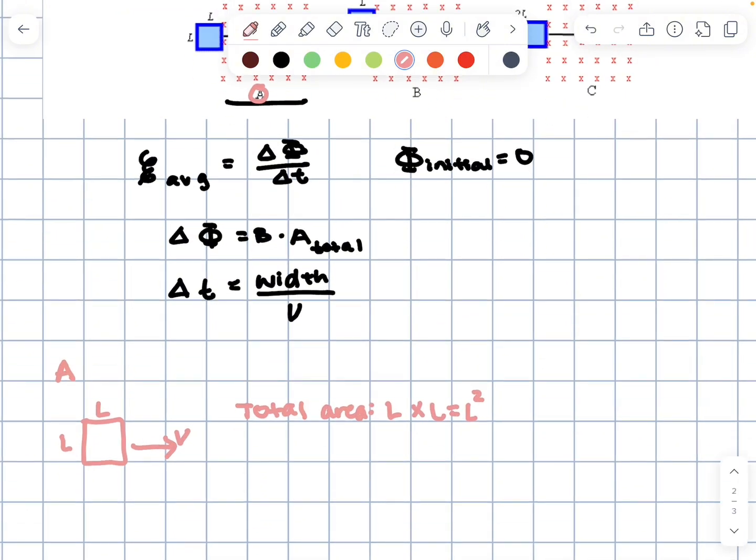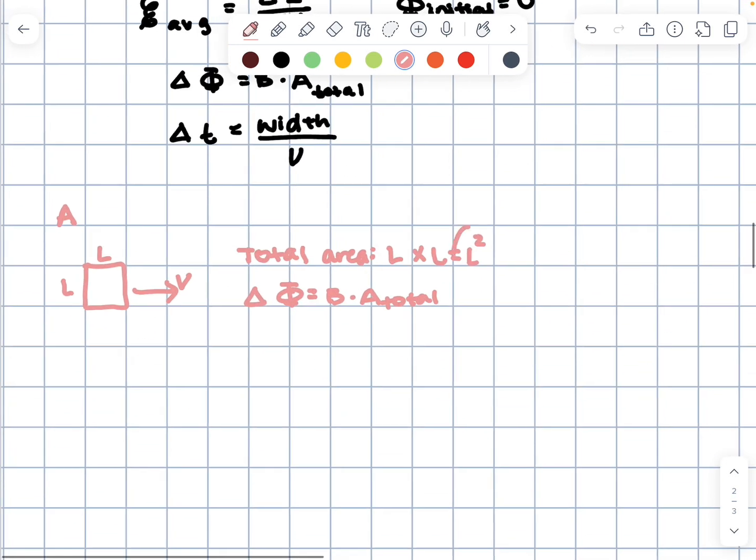And then our change in flux is this equation here, which is B times A total. Since we got our A total, we know that's L squared, so we're going to plug that in. We have our L squared times B. And then now we're going to use our time equation, which is delta T equals the width.